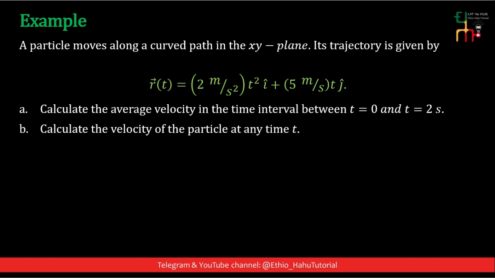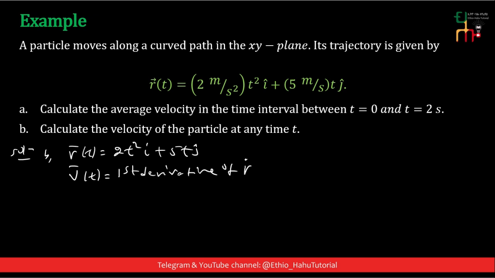Calculate the velocity of the particle at any time t. r of t is equal to 2t² i plus 5t j. To find the velocity at any time t, let's take the first derivative of this. v at any time t is equal to the first derivative of r of t.